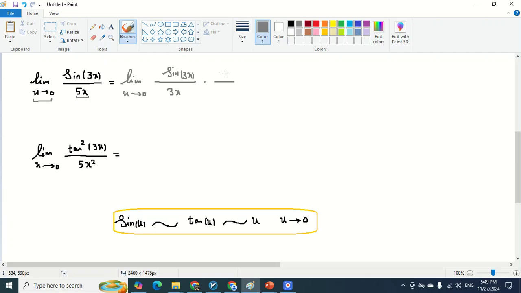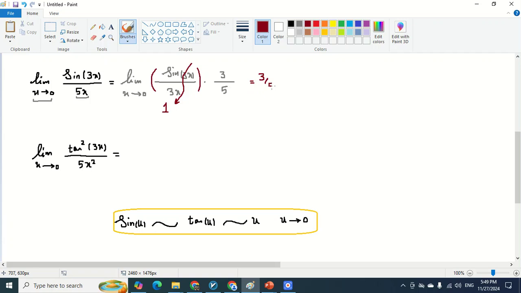For this reason, I write 3 at the numerator. Now this 3 and the 3 at the denominator can be cancelled, and I will put 5 over here. Then the result of this expression and the previous one are the same, with one difference: this part of the limit is tending to 1. So this part is tending to 1. Now we have 3 over 5, so the result will be 3 over 5 at the end.